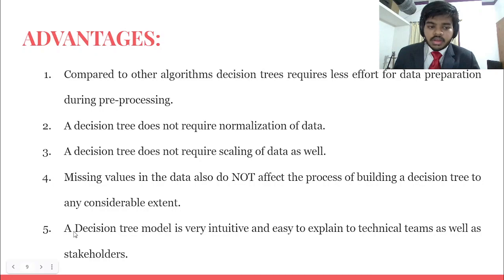And the decision tree model is very intuitive and easy to explain for both the technical team and stakeholders. Because it's graphical and straightforward, it's easy to understand.